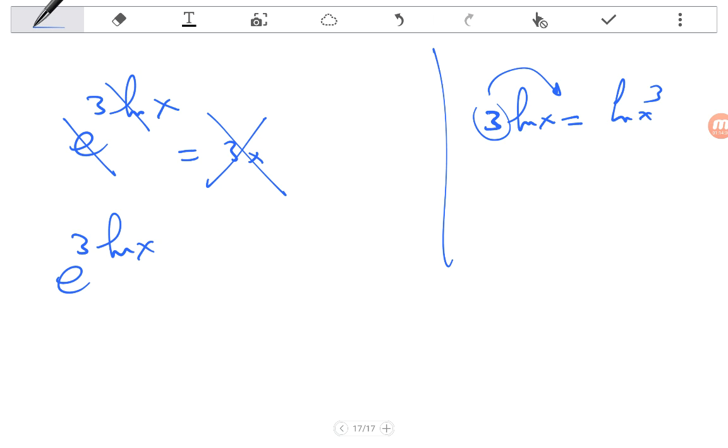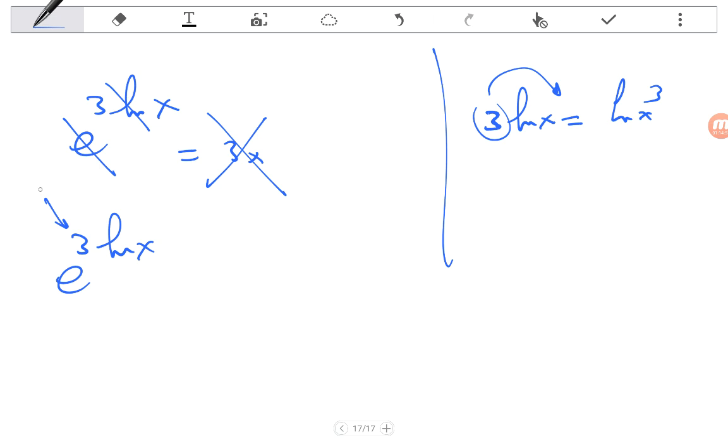I need for the e to cancel the ln. For the e to cancel the ln, they need to be a direct operation, or a direct effect. But there is a 3 in between them. How to get rid of this 3?